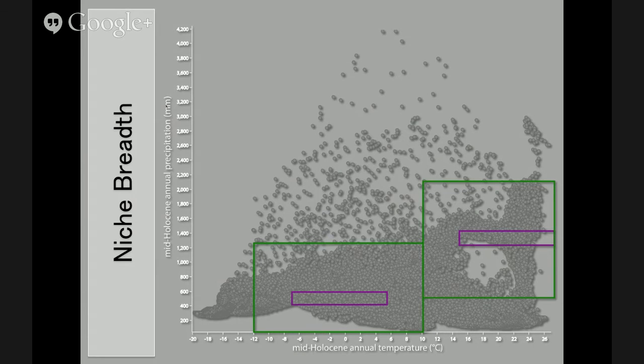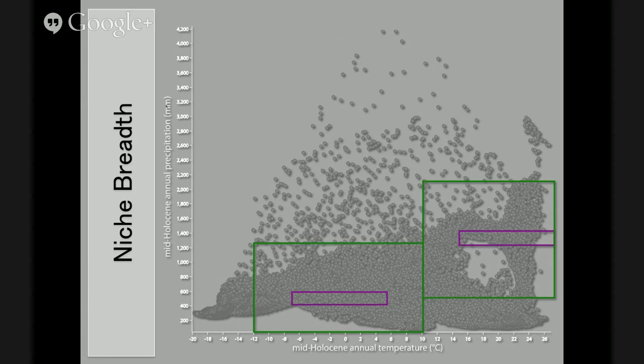We defined niche breadth based on plants from the Food and Agricultural Organization's database on agriculturally important plant species. We took breadth parameters from this database for a very large niche breadth species, then a species with a more moderate, middle-of-the-road niche breadth, and then a species with a very small niche breadth. Each dot in this graph represents a combination of temperature and precipitation values for the entire Eurasian geographic area.